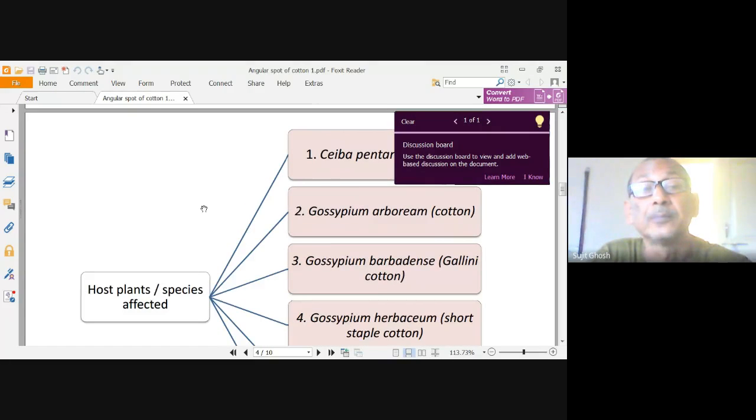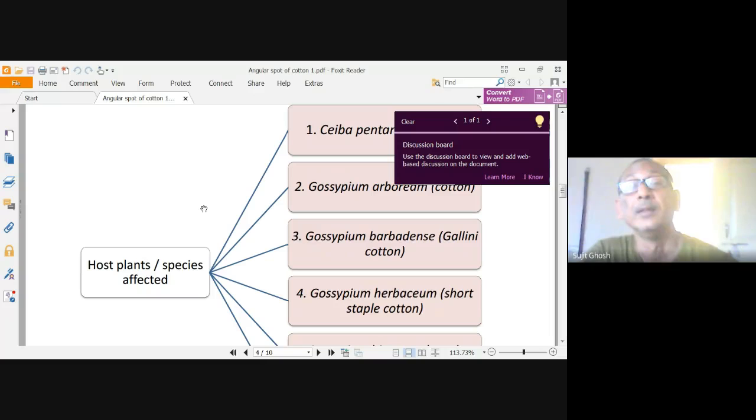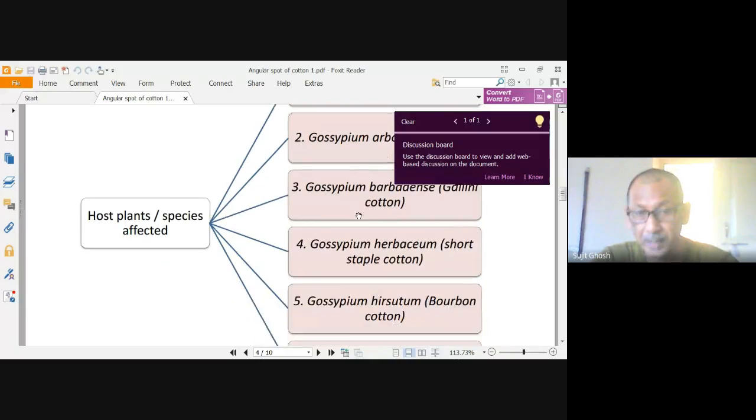Now, the host plants are Ceiba pentandra, Carpus tula, and Gossypium. All the species of Gossypium, Arboreum, Barbadense, Herbaceum, Hirsutum, etc., are the different cotton plants.